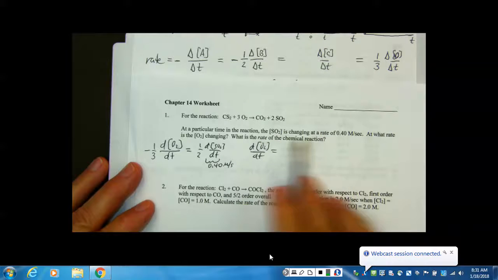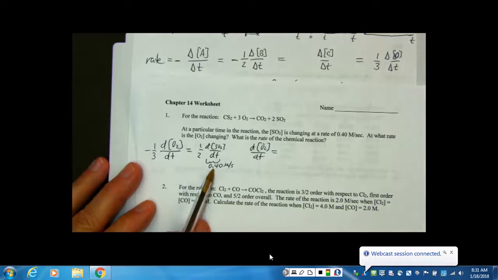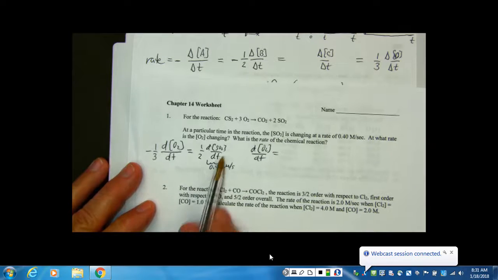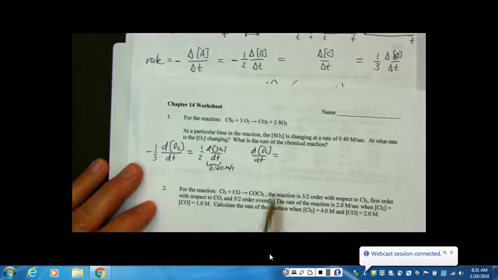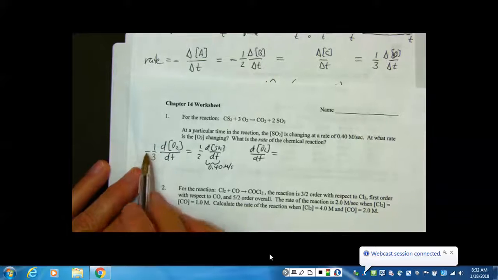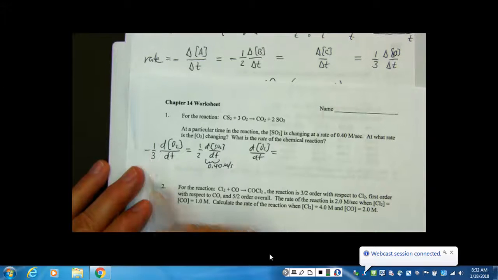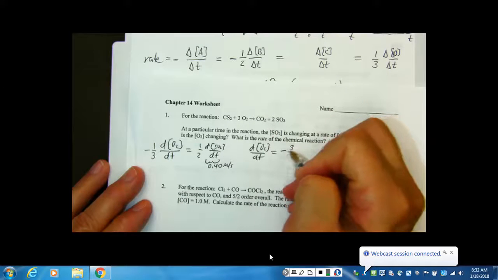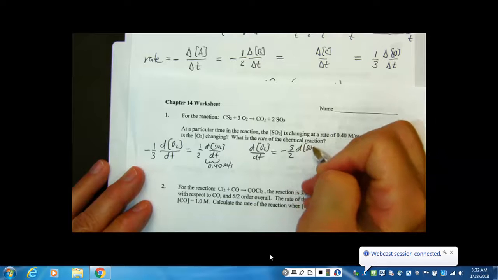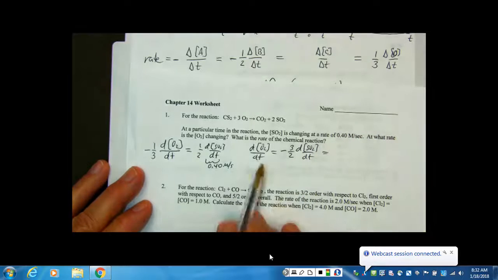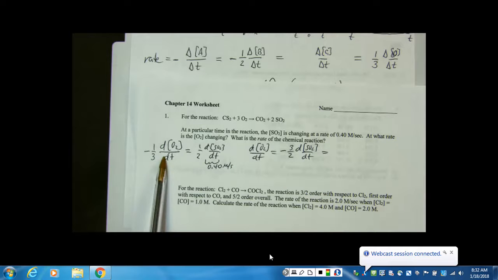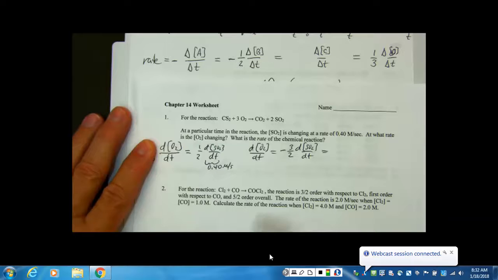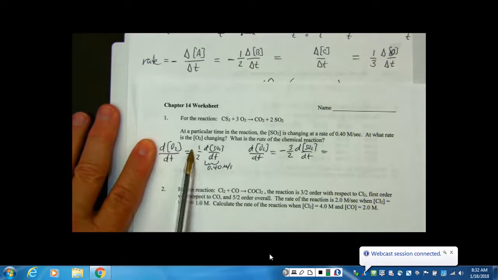The sulfur dioxide is changing at 0.4 moles per liter per second. So if I know this is changing at 0.4 moles per liter per second, what does that have to be changing at? Well, I multiply by -3, and that becomes this. So I get -3/2 d[SO2]/dt is equal to what the O2 is changing by. Right? Algebra, if I multiply both sides by -3, that goes away, and this becomes -3/2.